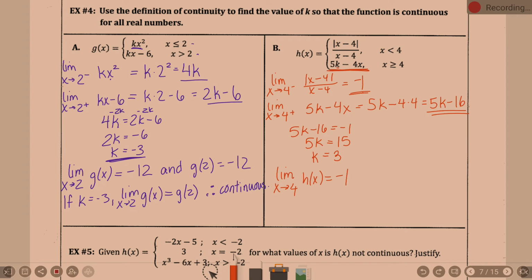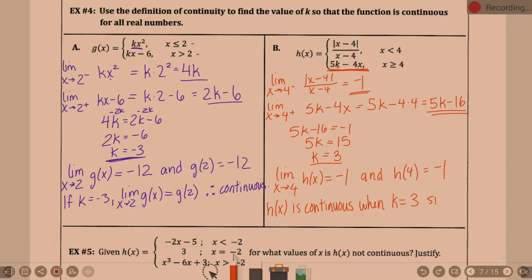And what does h of 4 equal? This is where I need to be. 5 times the 3 is 15, minus 4 times the 4, and so that is also -1. So we know, yeah, it is continuous. h of x is continuous when k equals, what was k? 3.